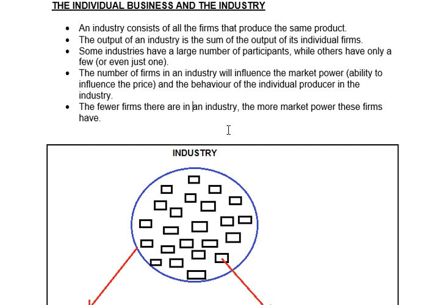We said in the perfect market there are many buyers and many sellers. So the mere fact that there are so many firms in this industry is what makes them have no market power whatsoever. In the perfect market, they are all price takers. They cannot change the price. They have no market power, which means nothing they do can actually influence the price.